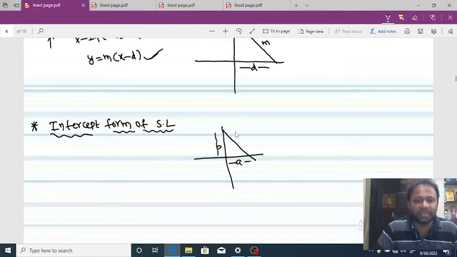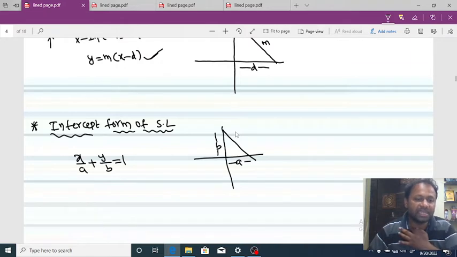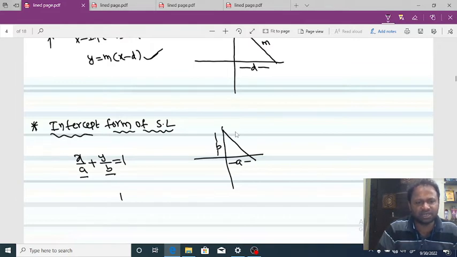Then x divided by a plus y divided by b is equal to 1 represents the equation of the straight line in intercept form. Here a is called the x-intercept, b is called the y-intercept. In general, we can write a number of equations.